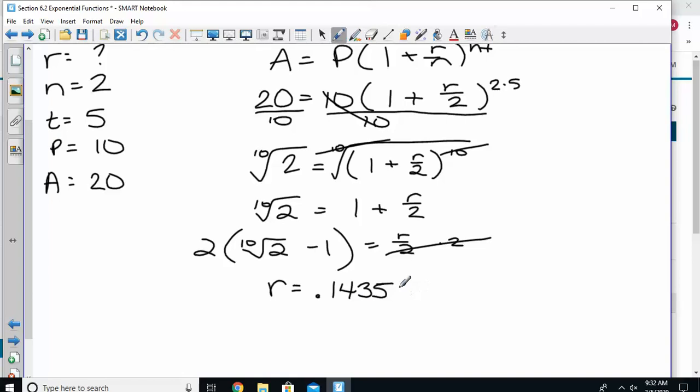On your interest rate, I usually go 4 to 5 decimal places, or you can just say it as a percent.